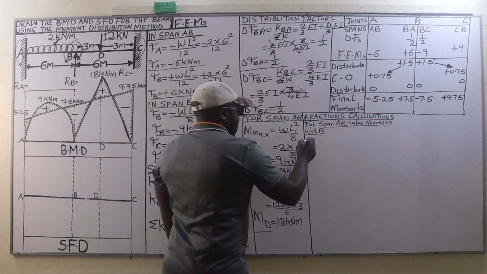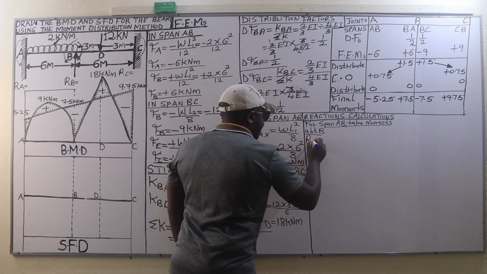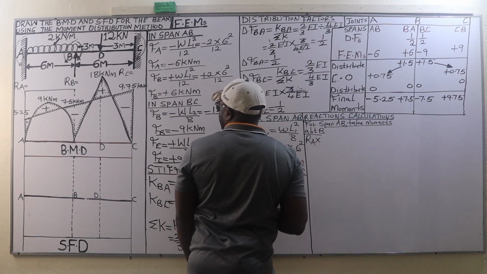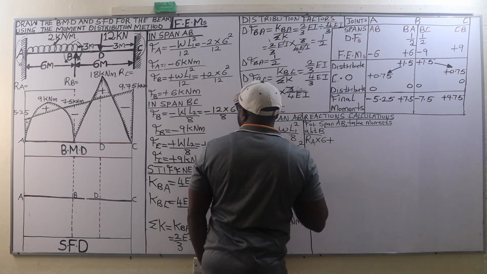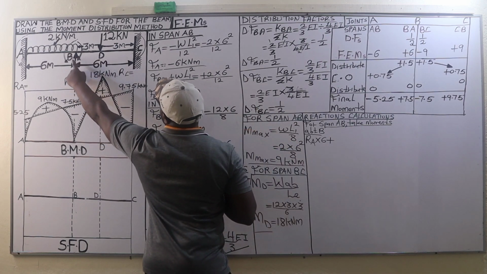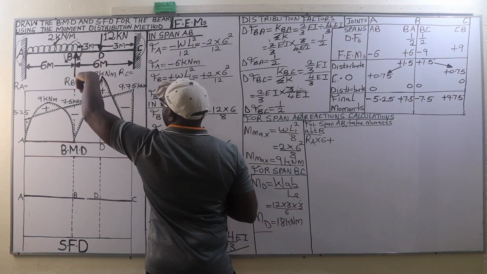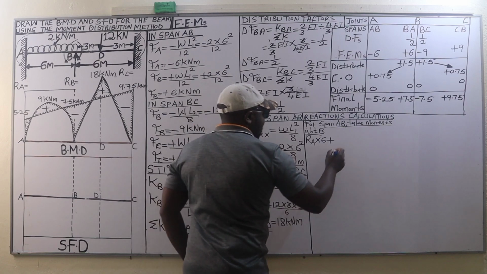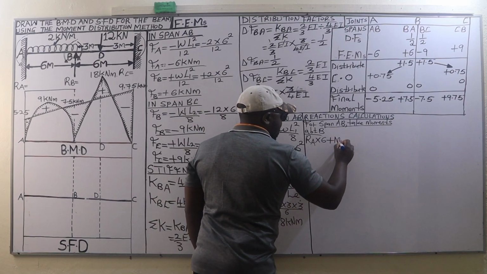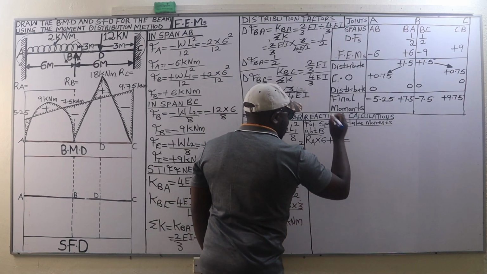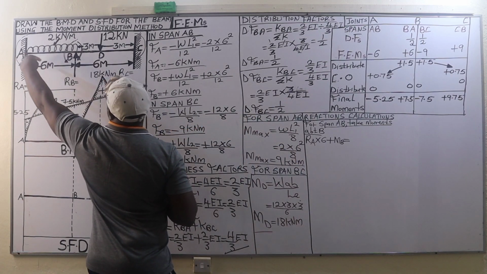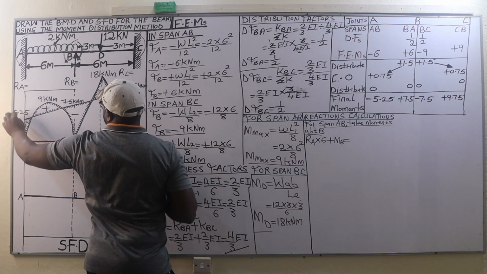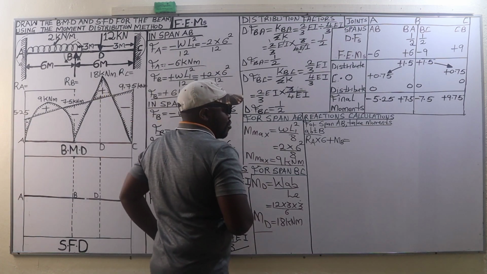So we are going to have RA multiplied by the distance from A to B, which is 6 meters, and then the bending moment at B is also going to be a clockwise moment. So we add MB, which is equal to the anti-clockwise moments. The first anti-clockwise moment will be the bending moment at A, which in this case is 5.25.